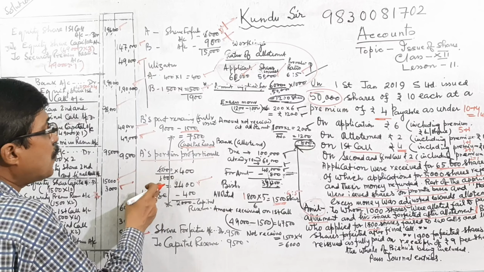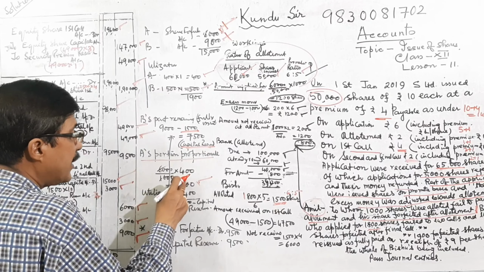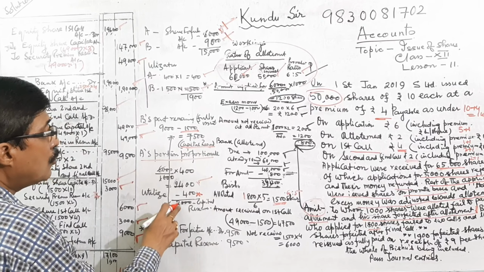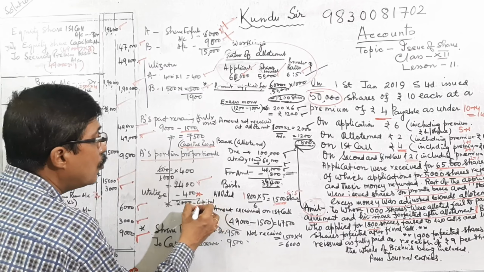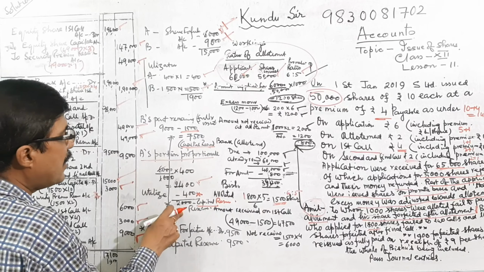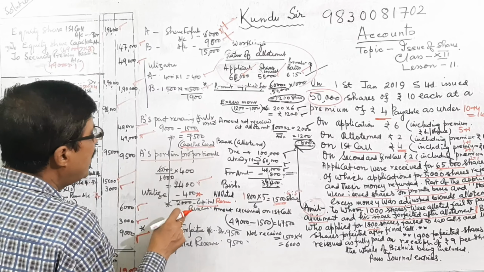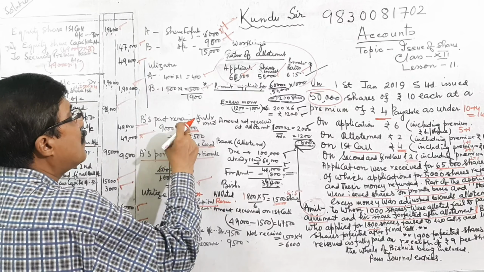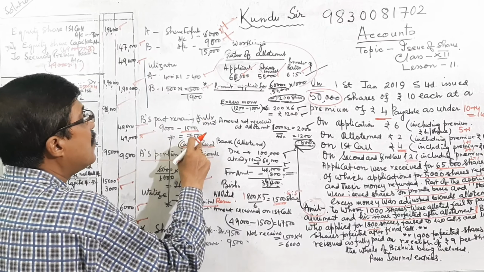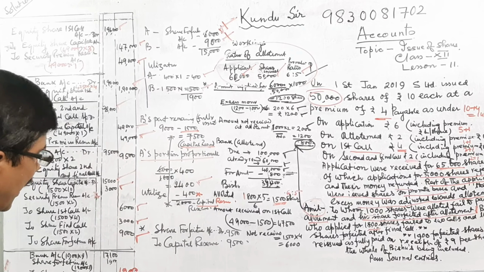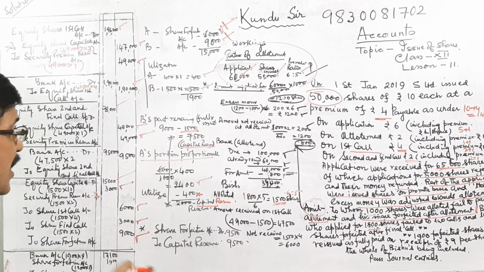So Amit's portion 2,400, utilize 400, that is 2,000 to be transferred to capital reserve account. That means 2,000 capital reserve related to Amit, and the entire portion after utilization of 1,500, 7,500 plus 2,000, 9,500 to be transferred to capital reserve account.